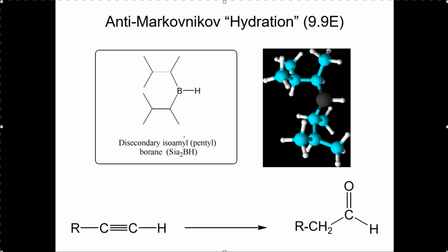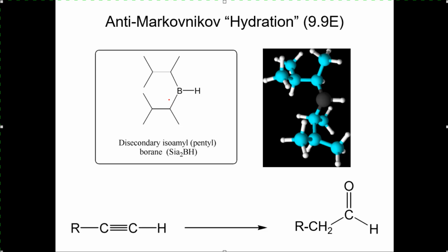Oh, that is a horrible, horrible name because it violates so many IUPAC rules. Isoamyl is the older terminology for pentyl, so it would be isopentyl. Disecondary, the IUPAC gods would be shuddering right now.